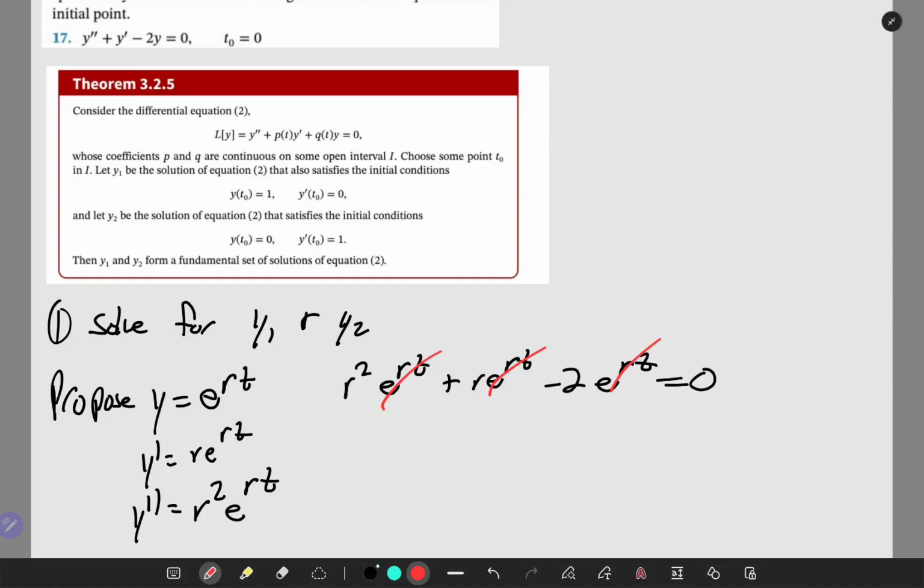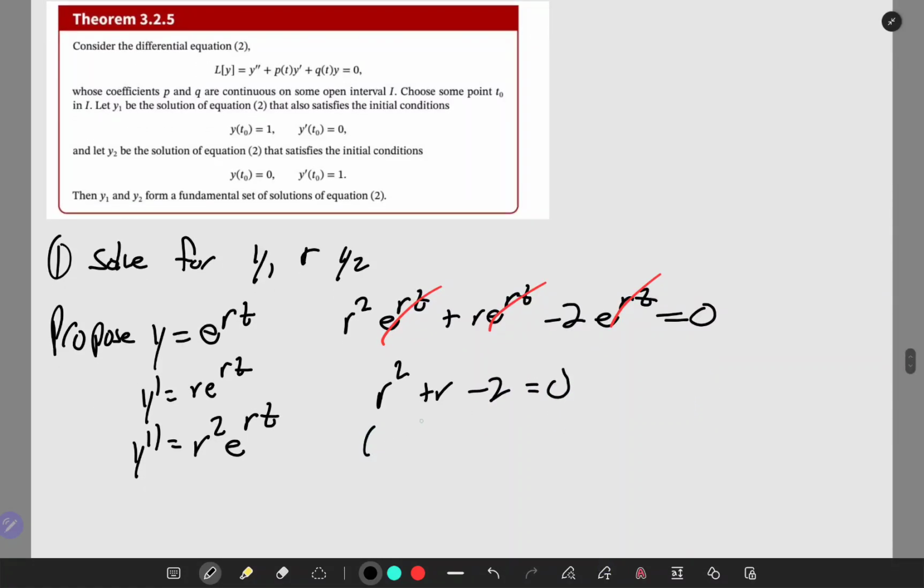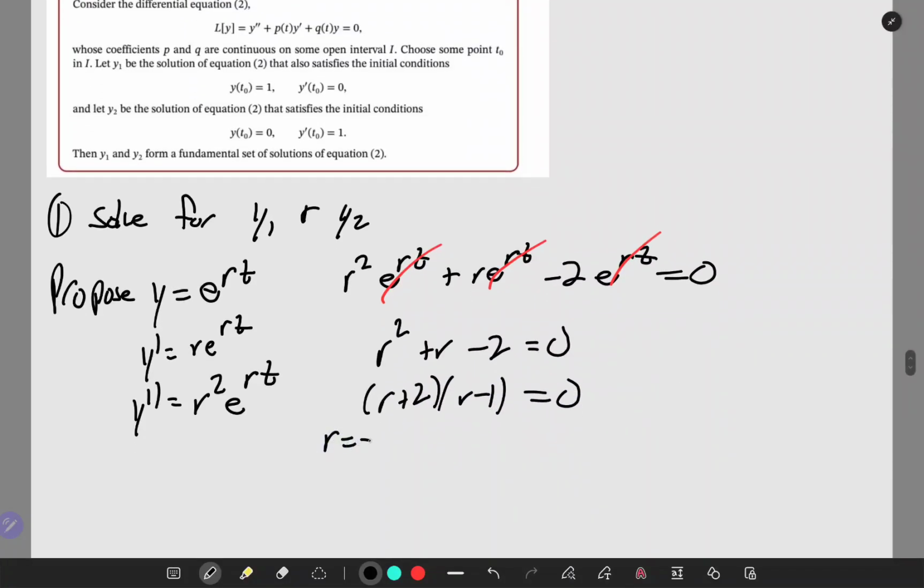Those cancel. r squared plus r minus 2 is equal to 0. This factors into r plus 2, r minus 1. So then r is equal to negative 2 and 1.